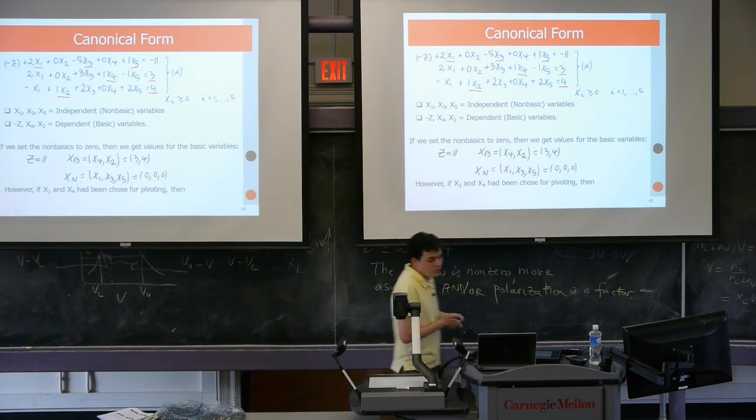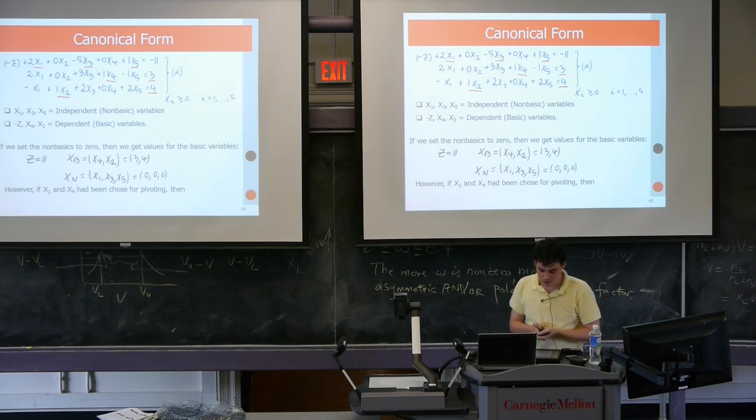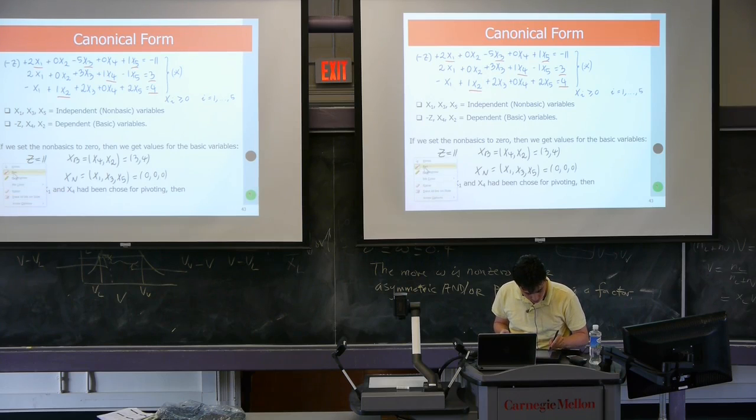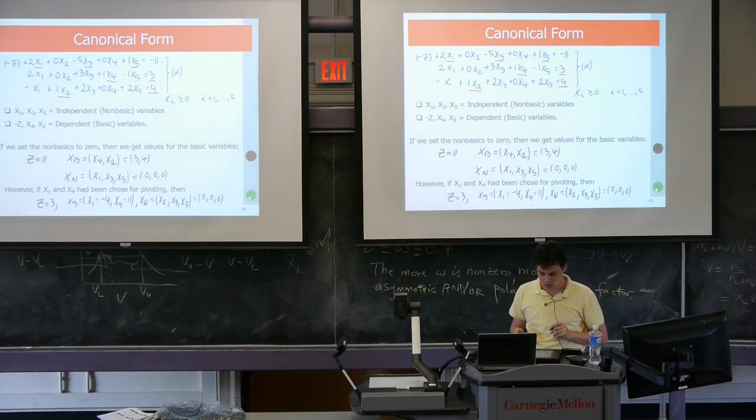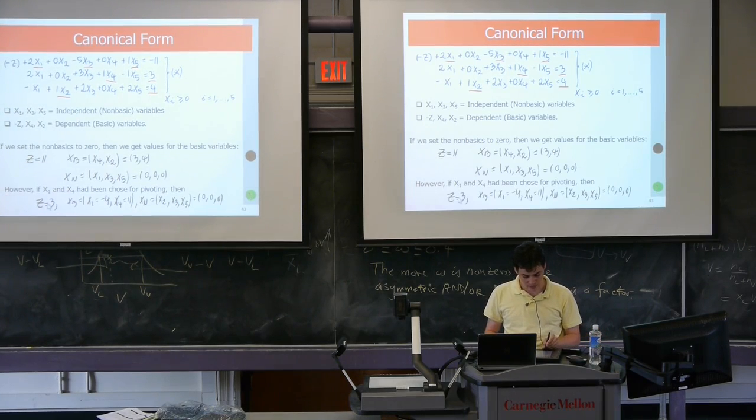But you are right that we could have done other pivots. So for example, we could have chosen x1 and x4 for pivoting, and then we would get a solution that, I calculated this at home, z would be 3, and the basic variables would be x1 is minus 4, x4 is 11. The non-basic variables, of course, would be zeros.